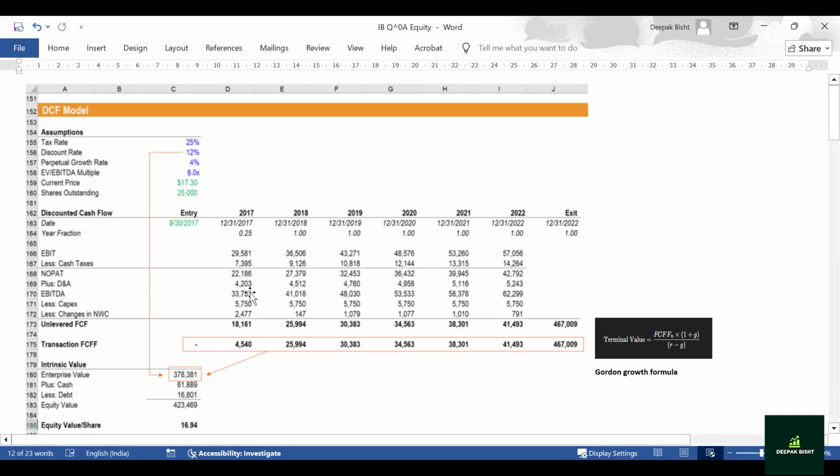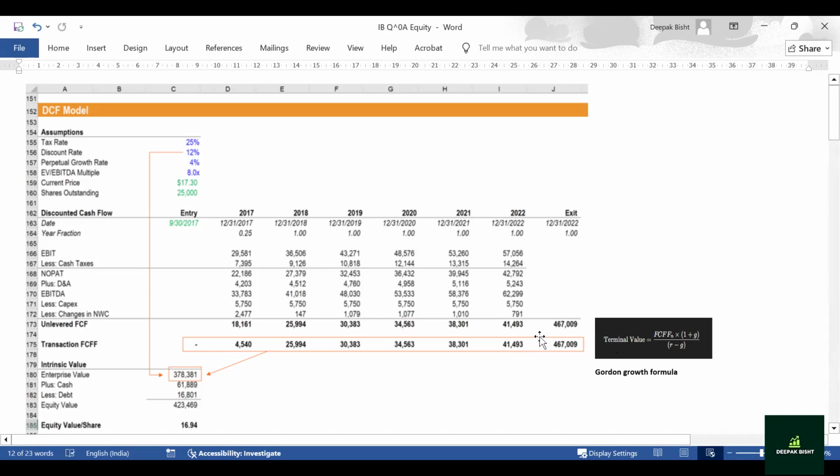After you discount all the forecasted cash flows, you need to account for the company's value beyond that explicit horizon, which is the terminal value. There are two main methods to estimate that. Gordon growth, we have discussed about this. And there is also the exit multiple method, which we will discuss later on.